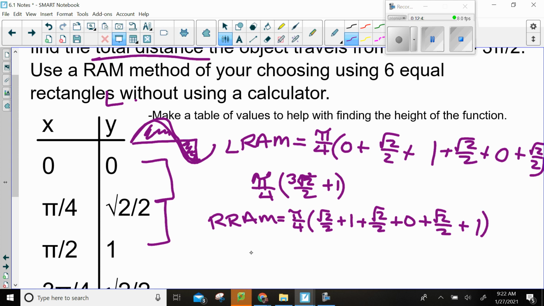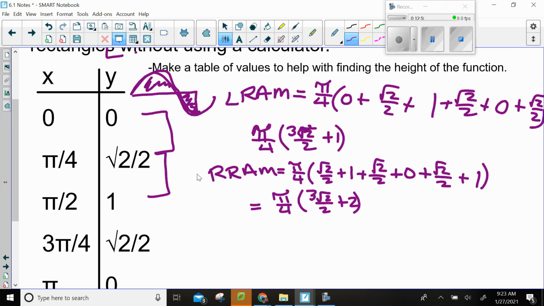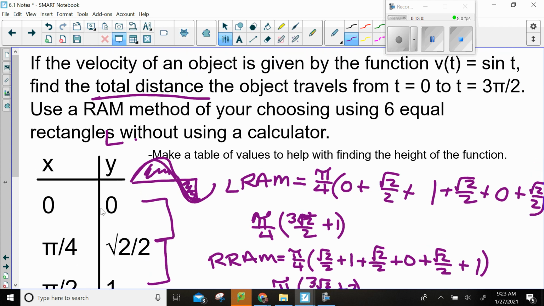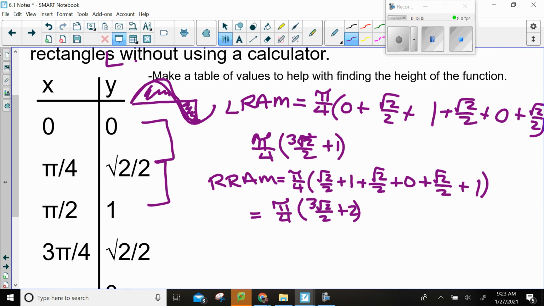So when I add these together, what do I get? 3 square root of 2 over 2 plus 2. Here we go. So this guy is 1 more larger. Right RAM is a little overestimate. I don't know if this one's an underestimate, potentially. Okay, so that is it for this section.